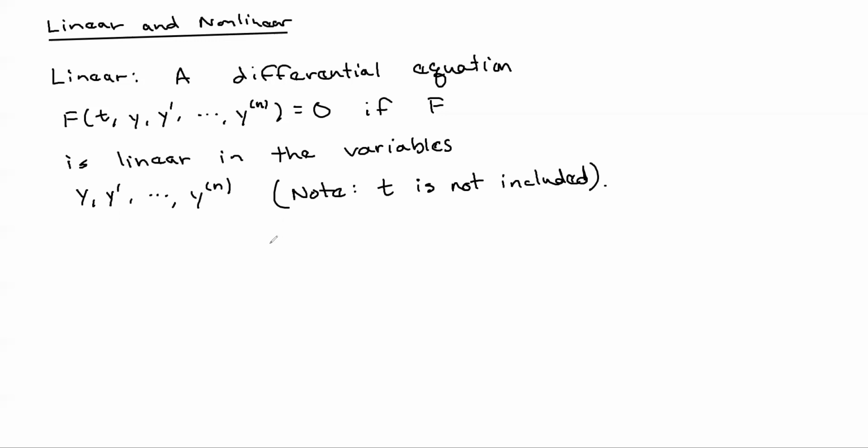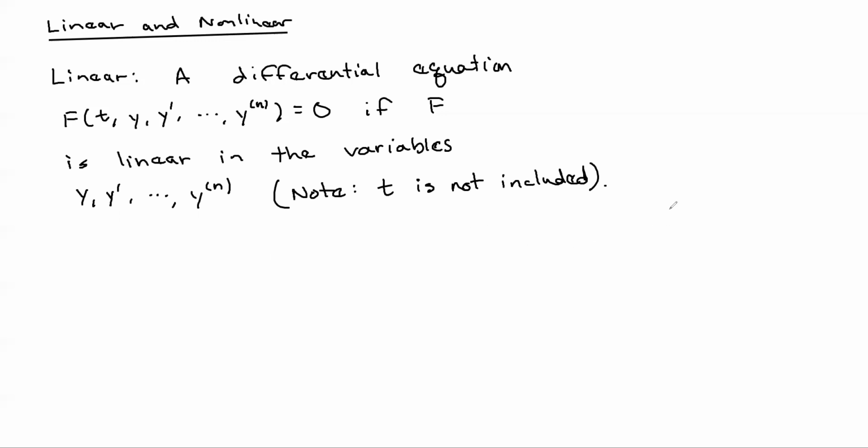So what does that mean? If you're not certain what it means to be linear, linear just means that a function is linear if the thing that it applies to is to the first power. All of these variables have to be to the first power, and they can't be multiplied together.